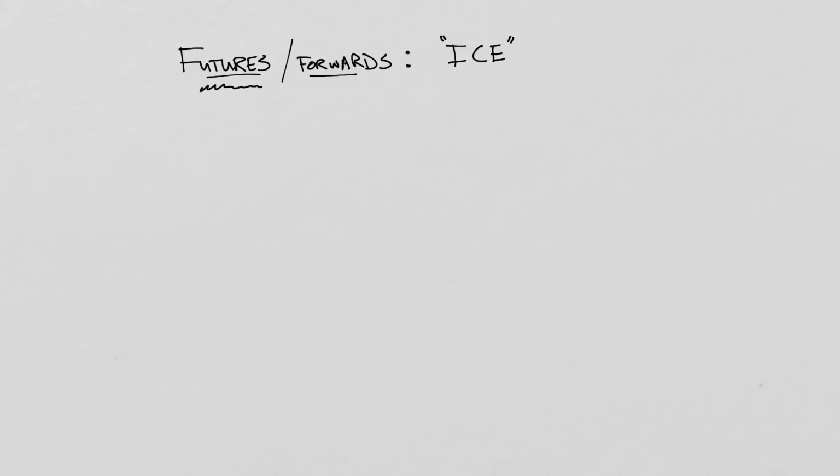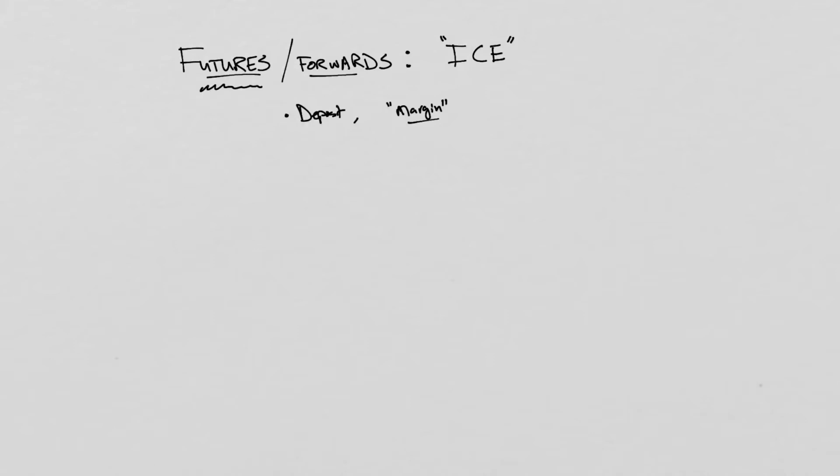Here, with forwards and futures especially, you also put money down, like a deposit. And in the futures world, we call that margin. We'll discuss margin calculations in more detail a little bit later down the road.